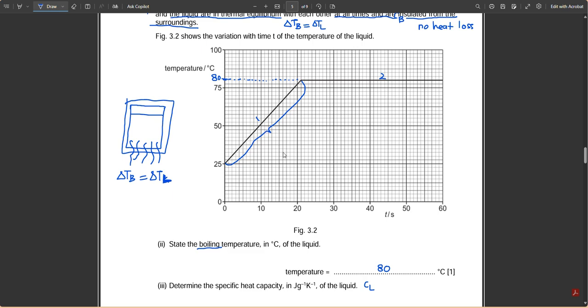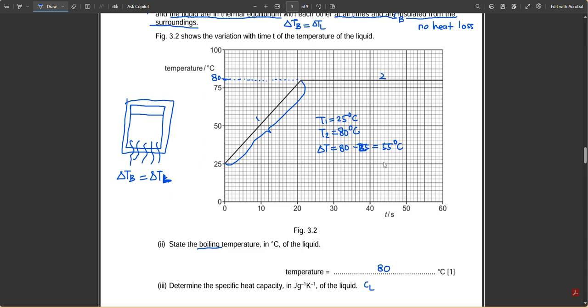Then which one do we have to use? The first graph or the first line. So the temperature initially is 25 degrees Celsius and the final temperature is 80 degrees Celsius. Then you will get the delta T, which is 80 minus 25, which is 55 degrees Celsius.